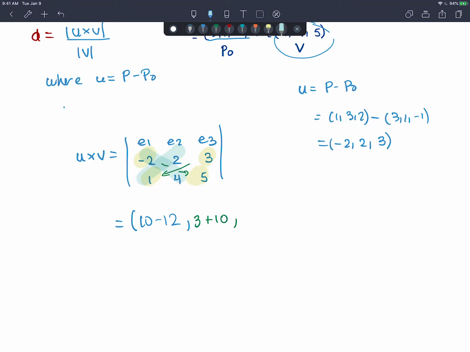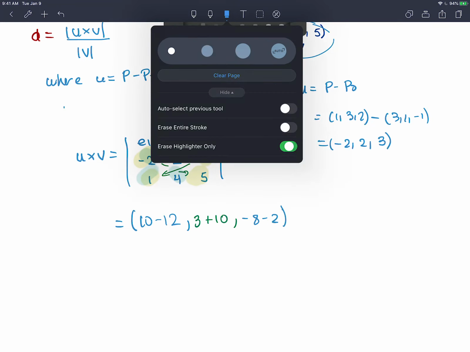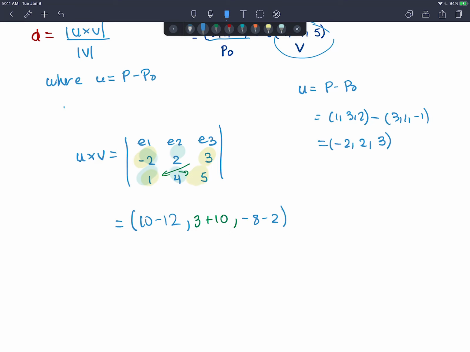So my third one becomes negative 8 minus 2. If this was a positive 2, this minus here is something different, right? That was part of the arrow. Okay, so my cross product became 10 minus 12 is negative 2. 3 plus 10 is 13, and a negative 10.